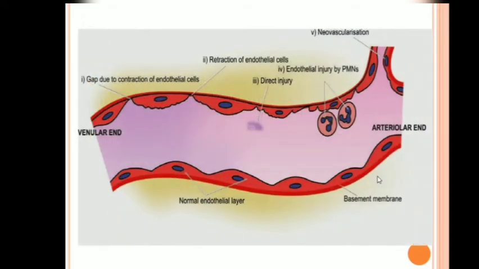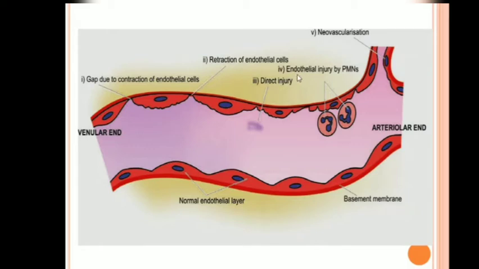Coming here is a picture of acute inflammation. Here we have the venular end and the arteriolar end. According to the sequence, first we have the gap due to contraction of endothelial cells. Second, we have retraction of endothelial cells. Third, we have direct injury.